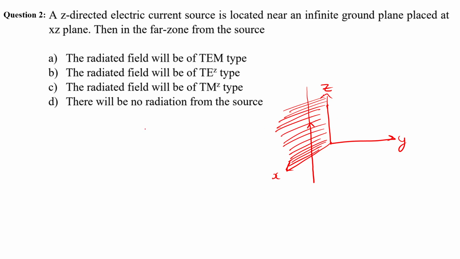But we know that this infinite ground plane will act as a perfect electrical conductor. So with the image theory, we can state that an opposing current will also be flowing. So there will be no radiation from the source.